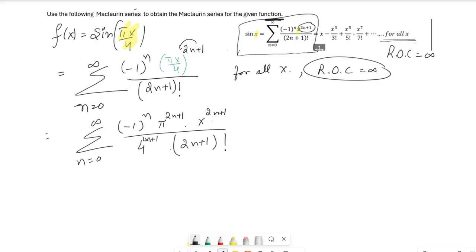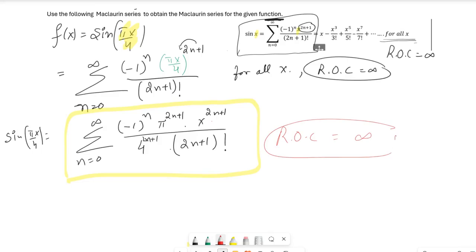So for sine pi x by 4, the Maclaurin series expansion is this. We can put n equal to 0 and get one term, n equal to 1 as the second term, and so on. And the radius of convergence here is infinity. It is true for all x.